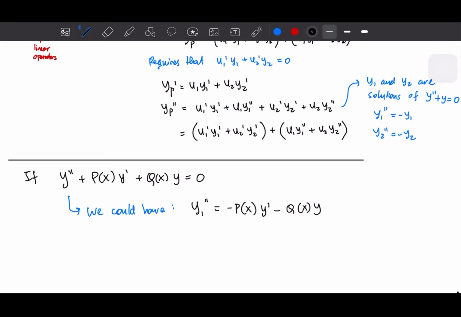This is just to look at it from a different perspective.